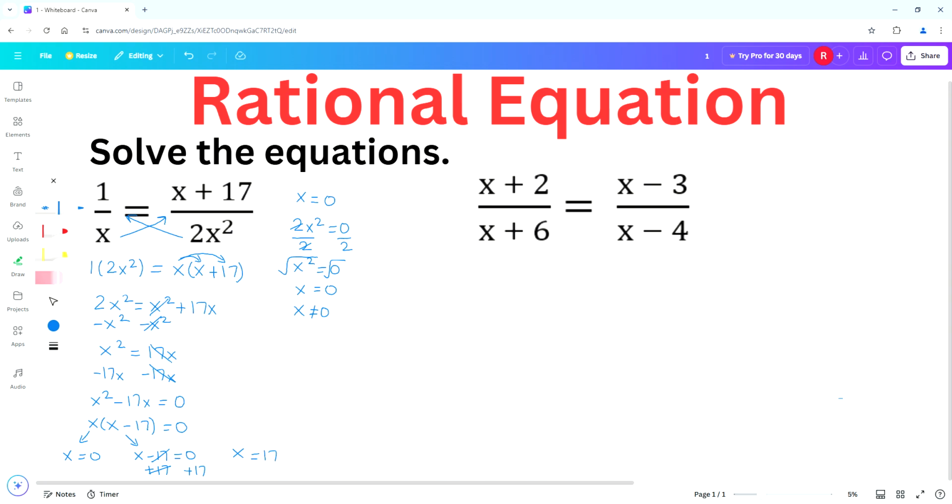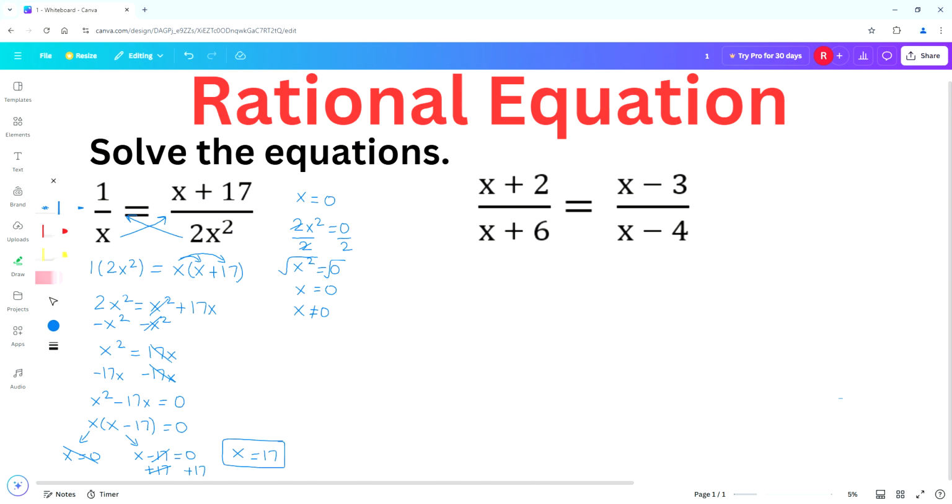I get x equals 17. I get two solutions, 0 and 17, but since 0 is a restriction, x equals 0 cannot be a valid solution. So this rational function equation has just one solution, x equals 17.